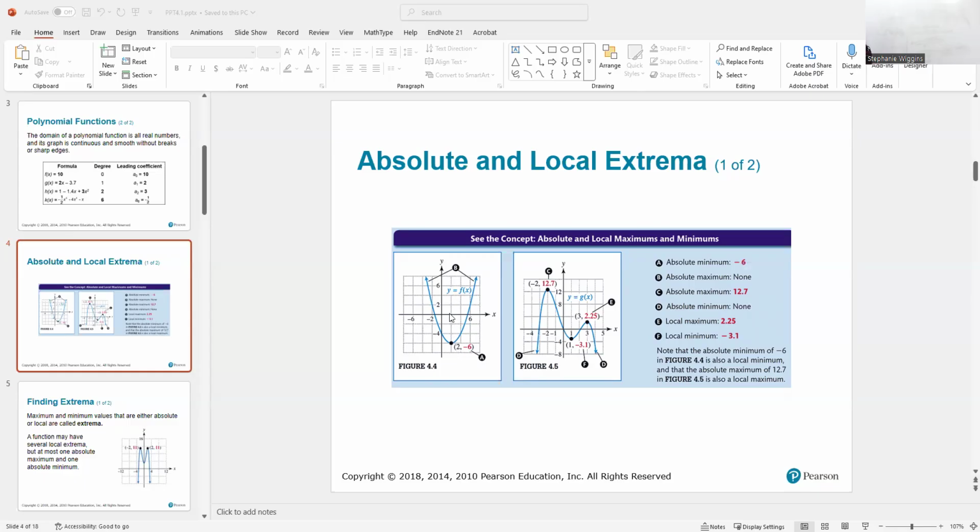So it occurs at x equals 2, and the lowest value is -6. Here we have some more extrema. We have 2 local maximums. We say local because, in this particular example, this one is the absolute maximum. It is the absolute highest point, and the absolute minimum is none here.